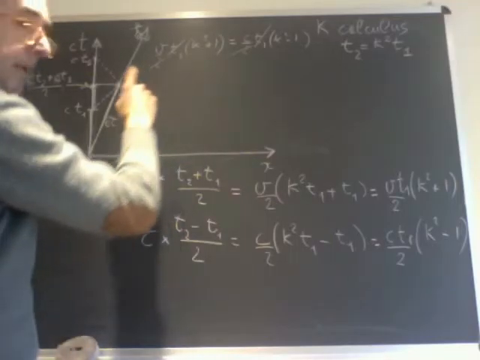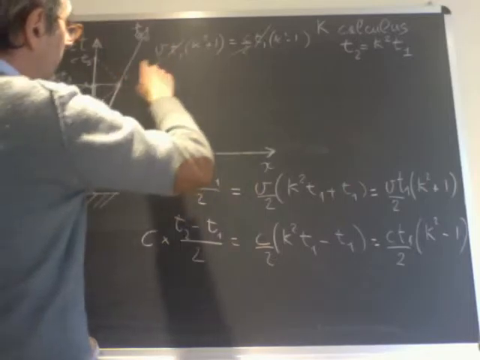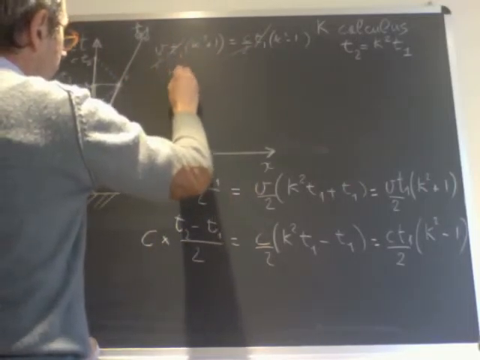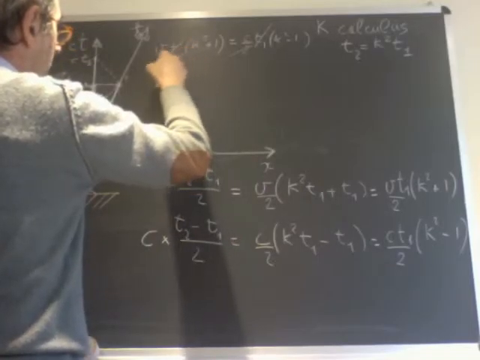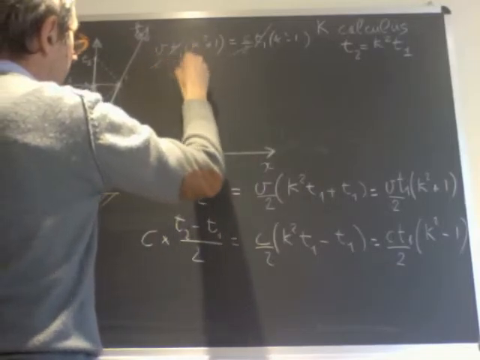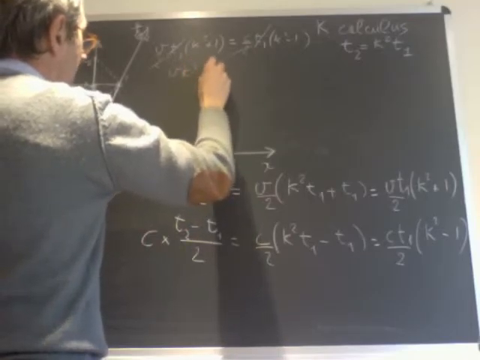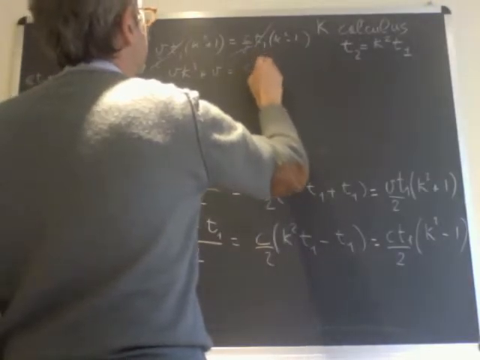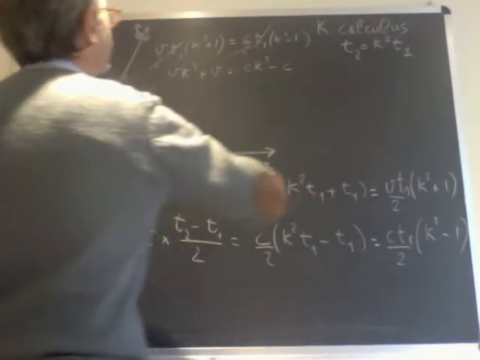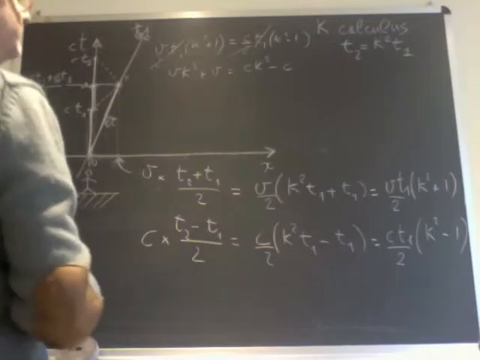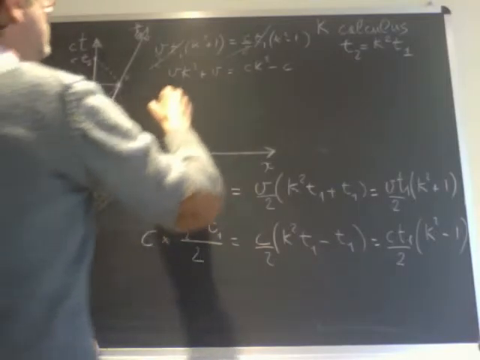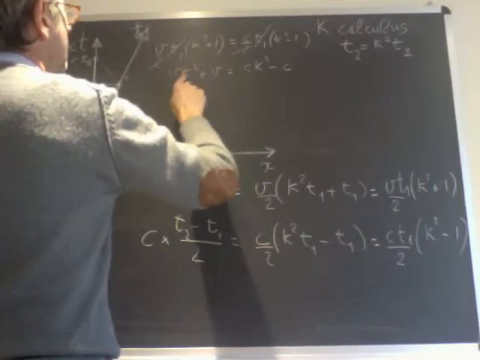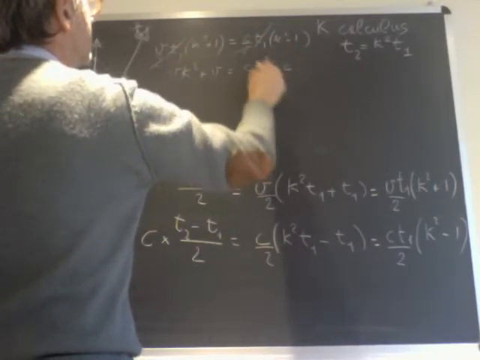That is, let me develop a little bit. I know that, I distribute the product, v k squared plus v equal c k squared minus c. Then let me bring this member here on the other side and this on this side.